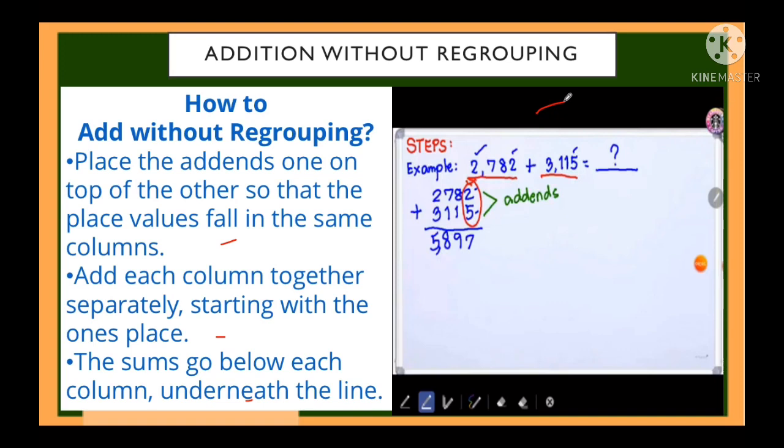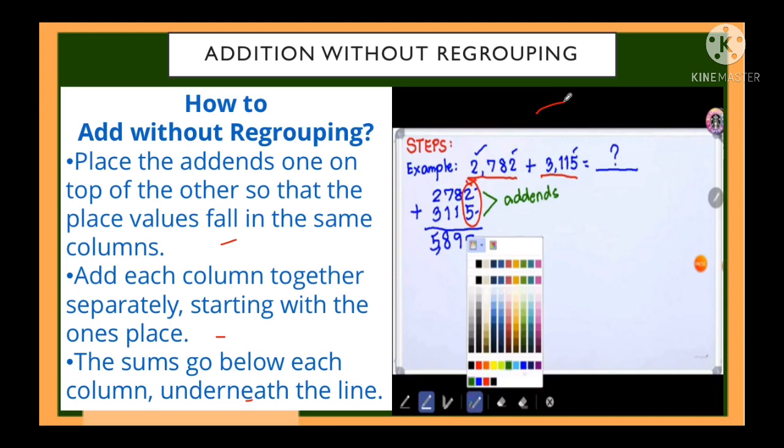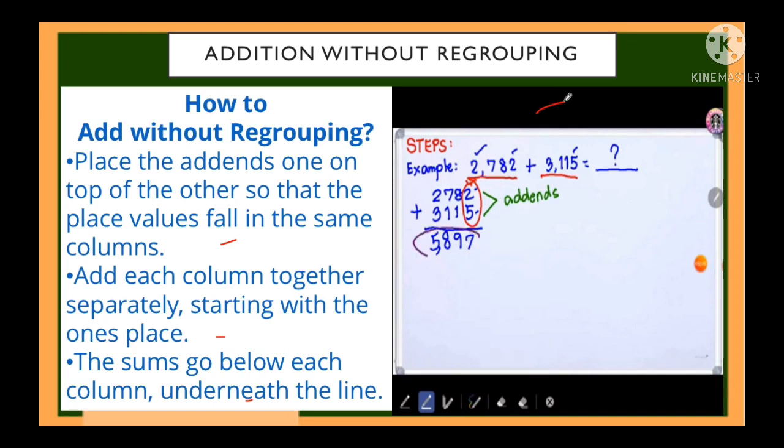Yes, good job. So we have the addends, and the answer of our addition is what we call the sum.